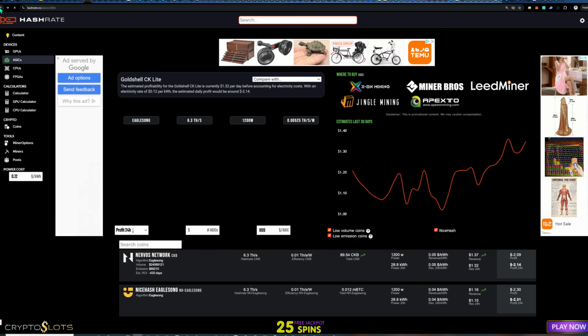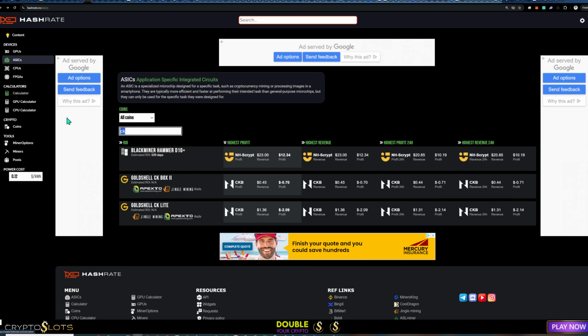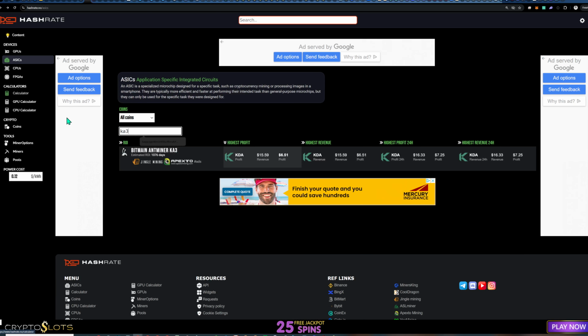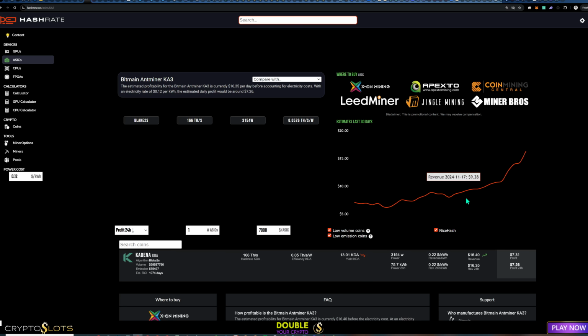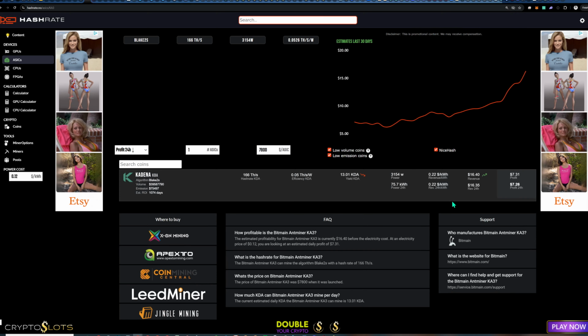All right, so if I go Kadena miner KA3, the one miner that I bought, that's odd. It was just showing negative. Oh, look at that. So looks like Kadena is back. I could potentially get a little bit better switch with one of my KS5L, because it's doing a lot better.